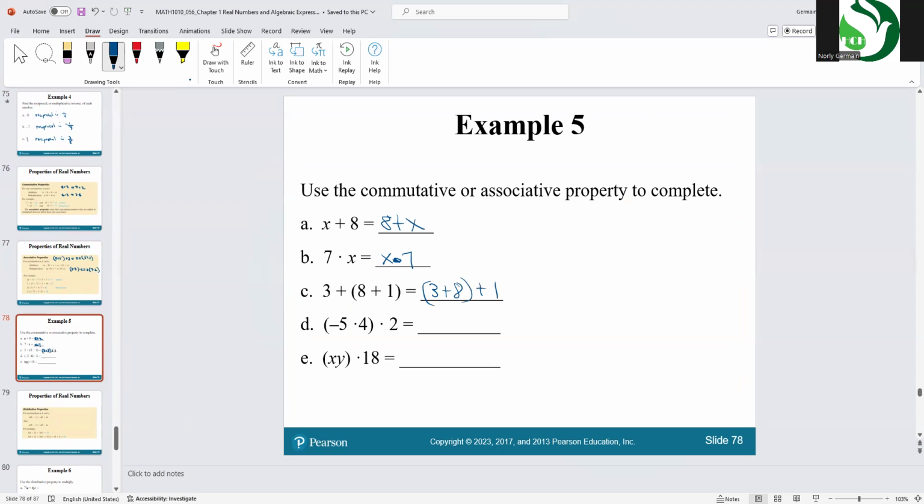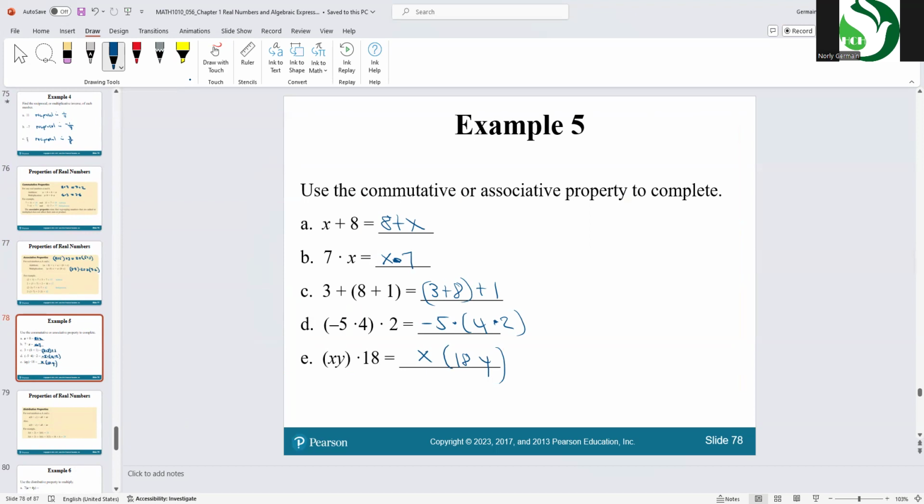You could also do 3 plus 1 in parentheses plus 8, or here you can do negative 5 times 4 times 2. The answer would be the same, or you can say x times 18 y. The answer would also be the same. There is no change. So that's for commutative and associative.